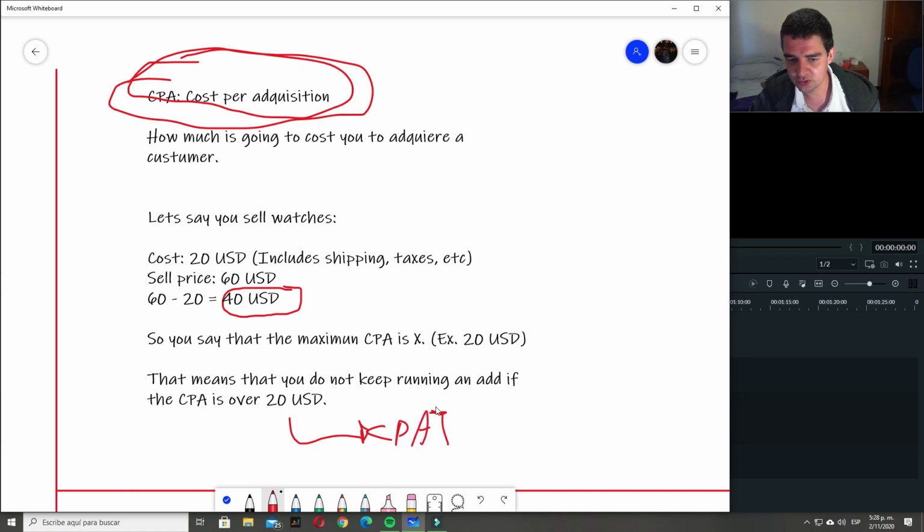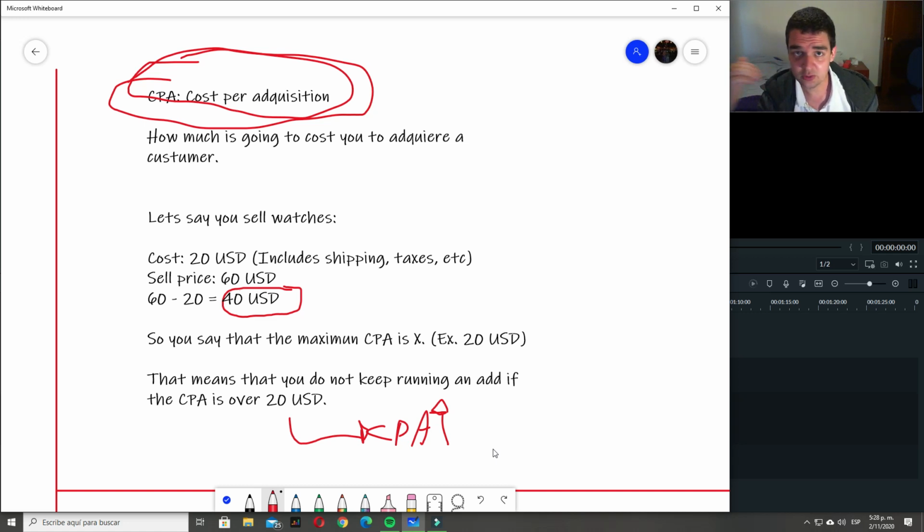So the amount of budget you can put on your ad is the amount that brings your CPA up to your maximum. So if you have $10 and you're getting a CPA of $5, and your maximum CPA is $20, the one you want to achieve, then you can increase the budget until your CPA goes up to $20, right?